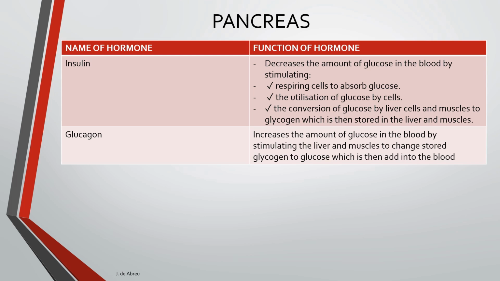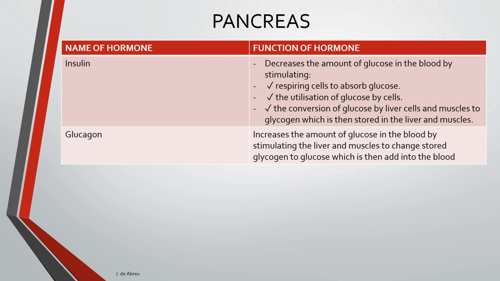And if they are insensitive to insulin, then they have to take medication for that. Okay, so that is how we decrease the amount of blood glucose by absorbing it into the cells, using it up, the cells use it up, or converting it into glycogen, which is stored in the liver and muscle cells.